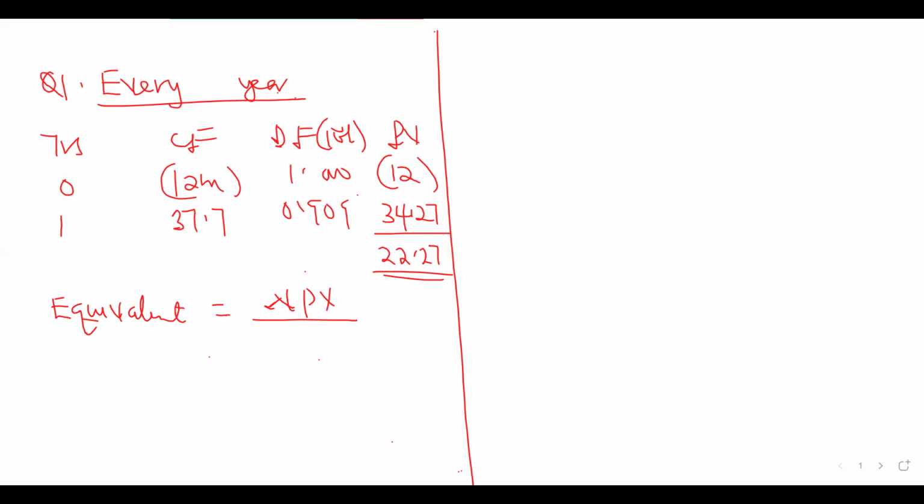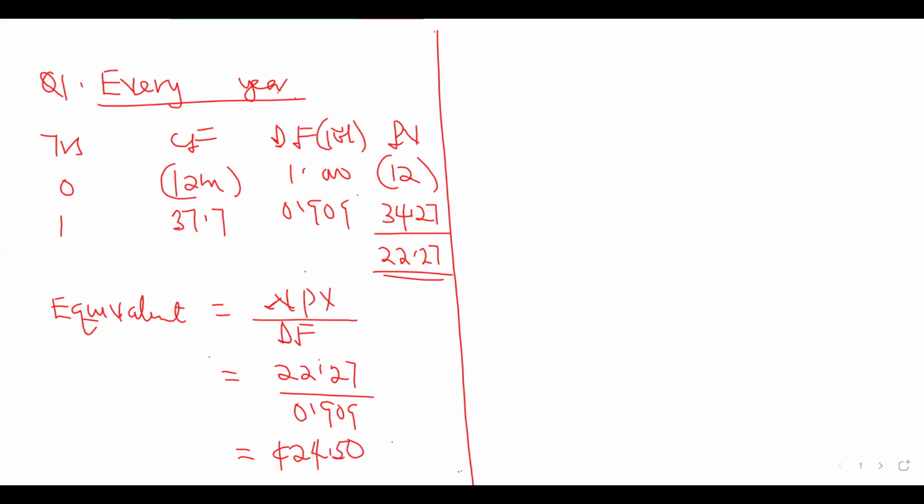If it is 3 years, you use the annuity. So 22.27 divided by 0.909. What are we going to be having? 24.50.